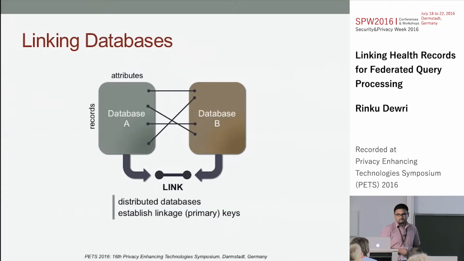The idea behind linking is to figure out if records in one database and records in another database belong to the same individual. You could have overlap in the databases. For instance, in a regional setting, there are multiple health providers and people often switch from one health provider to another, so there could be multiple instances of the same person's record.